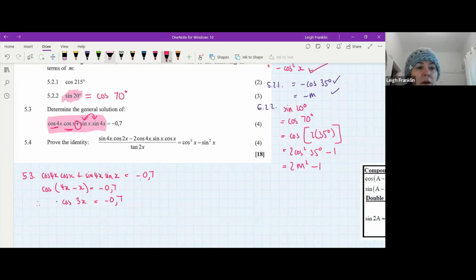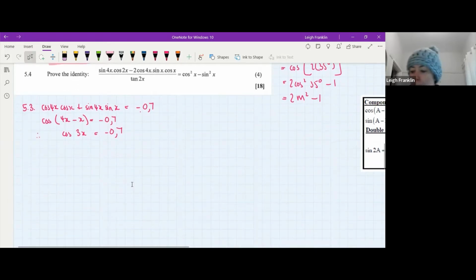Now they are telling us to do the general solution. Doing the general solution means we need to develop those formulae that allow us to find solutions when we leave 0 to 360. That's why we do general solutions, because it allows us to find a solution anywhere.